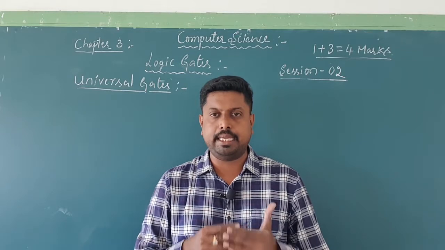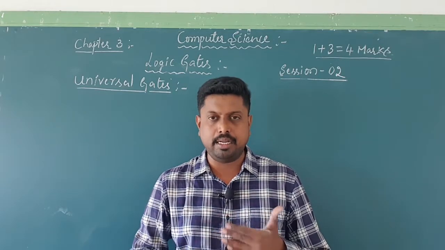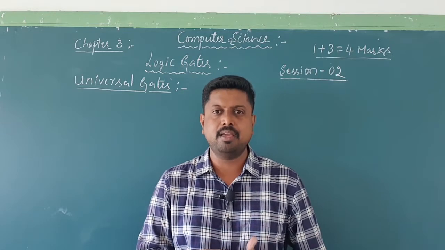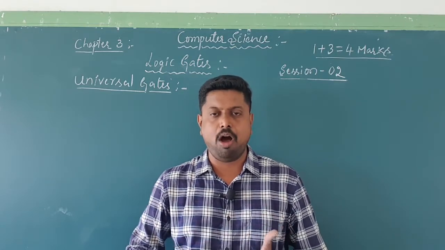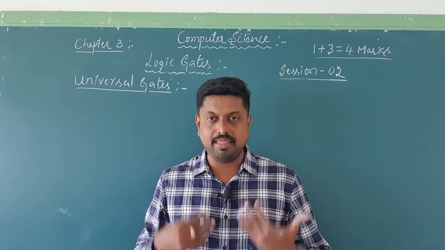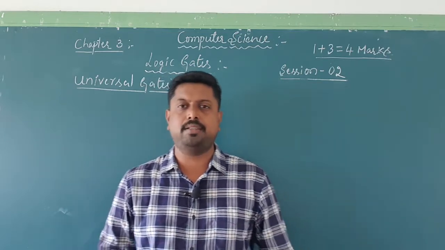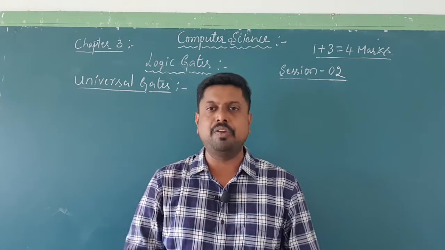Universal gates are the gates which are designed by the basic gates, that is, designed by AND, OR or NOT. By using these 3 gates, if any gates are designed, those gates are what we call universal gates.